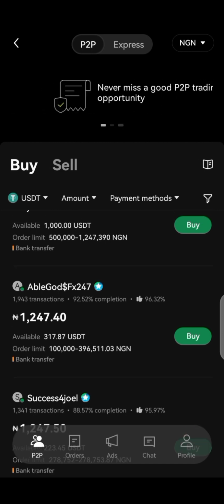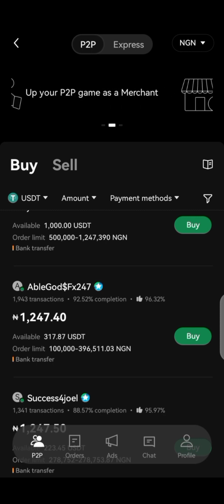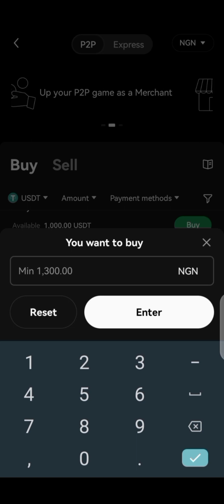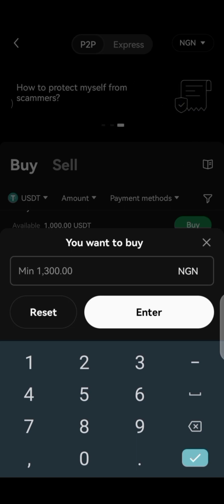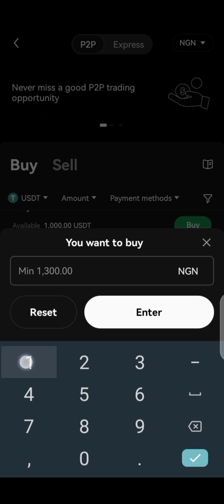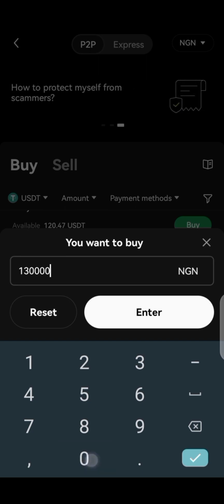So let's start this with $100 and see the profit we are going to make. First of all, I want to buy USDT. I need to click on amount to filter the amount I actually want to buy. Let's say 100, from 130k.